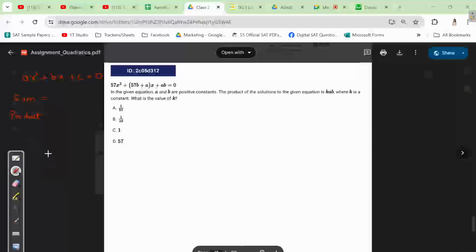I think. If you don't remember, then you can always go through the notes. See, obviously one thing is for sure, that they mention product of solutions, so it is based on the concept of sum and product, right?